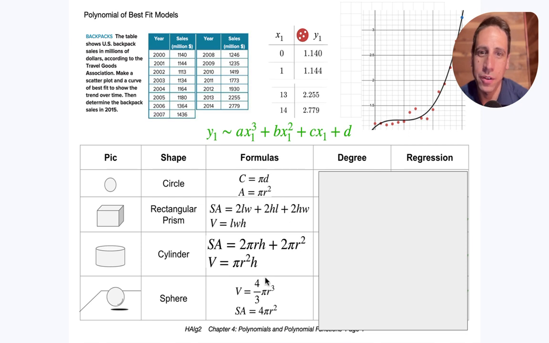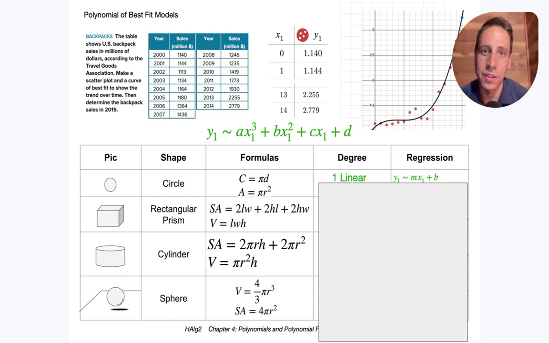There's a whole bunch of exponents, but the highest exponent here is really 1. It's unwritten, but on d, there's an unwritten exponent of 1. So therefore, you can see the degree of the formula is 1.